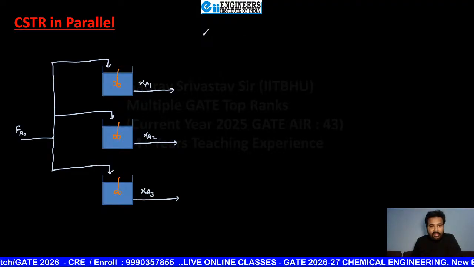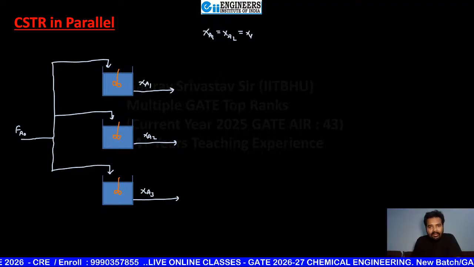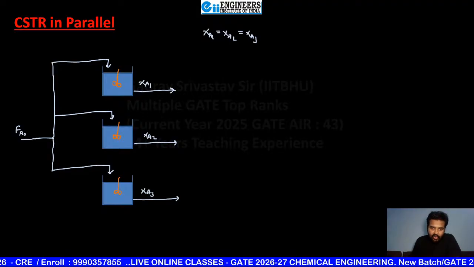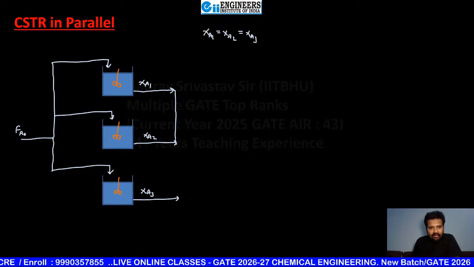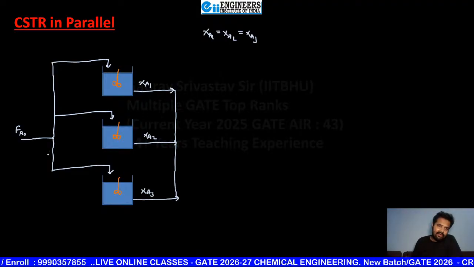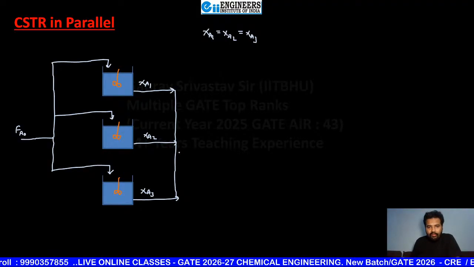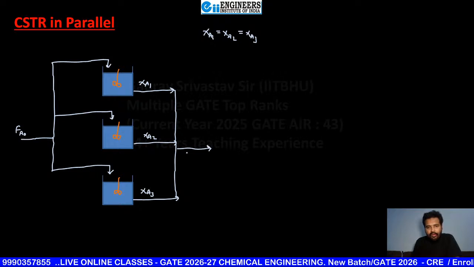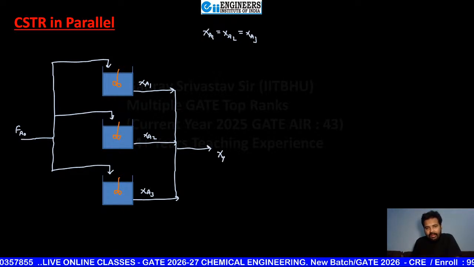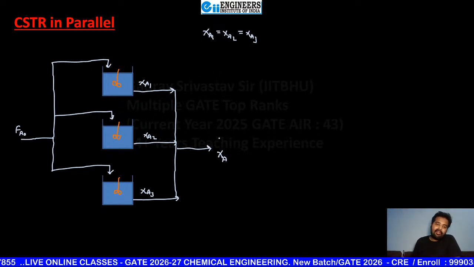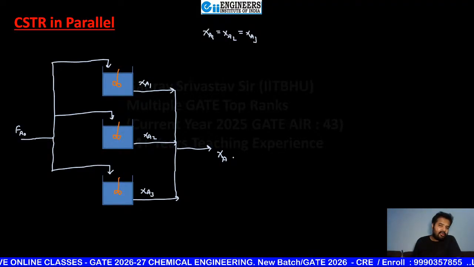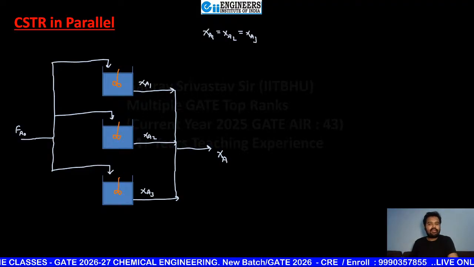And if xa1 equals xa2 equals xa3, and you are combining the exits again, and now the overall conversion, if I call it xa, can you tell me whether xa will be more than xa1 or less than xa1? Confirm me, beta. Is it more than or less than?